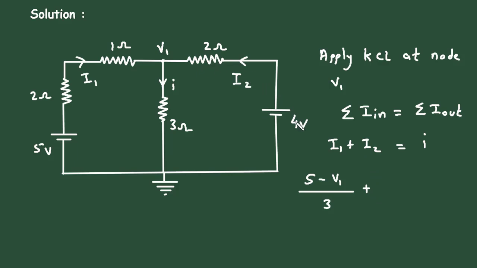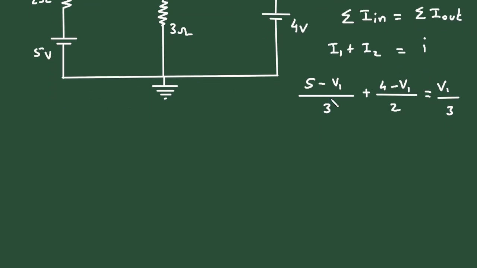Now I2 will be 4 minus V1 divided by the resistance value 2 ohm, equal to current I. Now I will be V1 minus 0 divided by 3. Now we can easily find the value of current I from this.